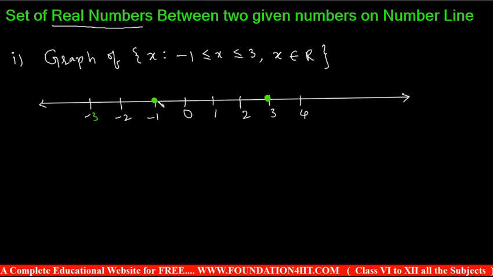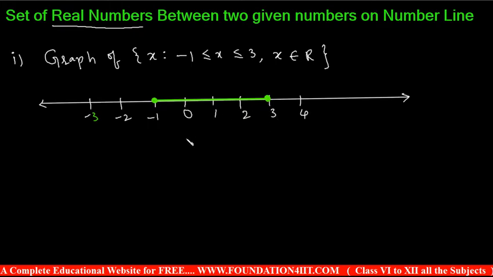That's why you should draw one dark line over the entire stretch. The meaning is that x lies between -1 and 3, including all the numbers, and including -1 and 3 also. Because -1 and 3 are included, instead of a hollow circle, the complete circle should be filled dark with the dot. So this is the meaning.